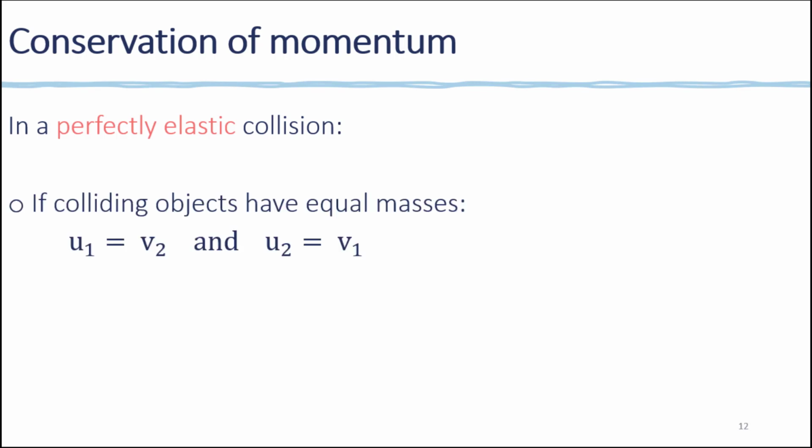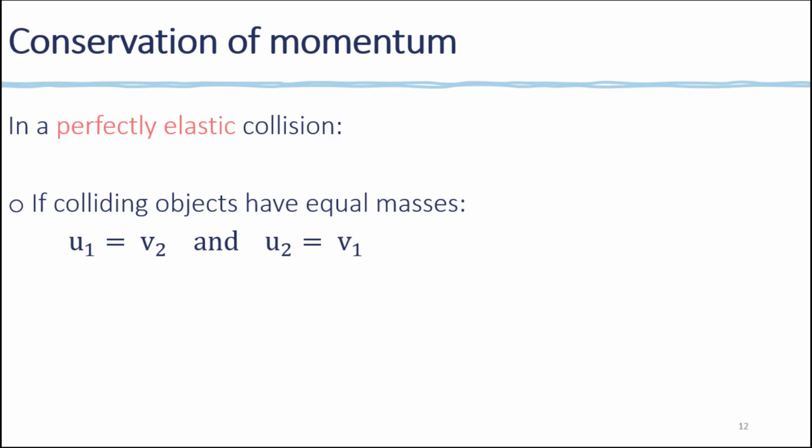So the pre-collision velocity of object 1 is equal to the post-collision velocity of object 2, and vice versa. The pre-collision velocity of object 2 is equal to the post-collision velocity of object 1. That's if the objects have equal masses.